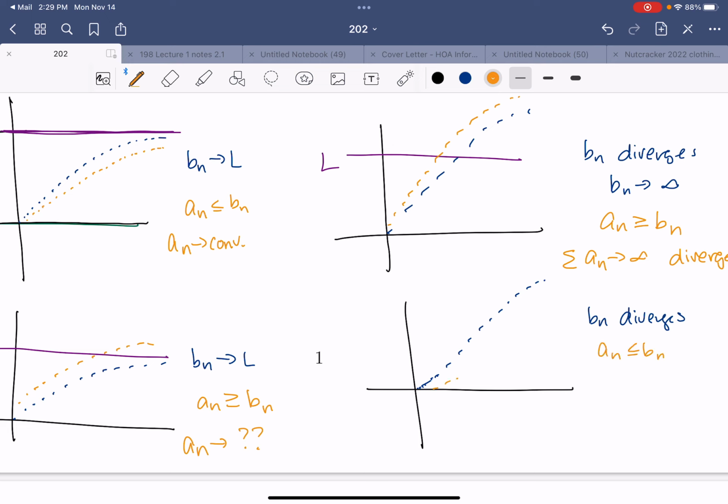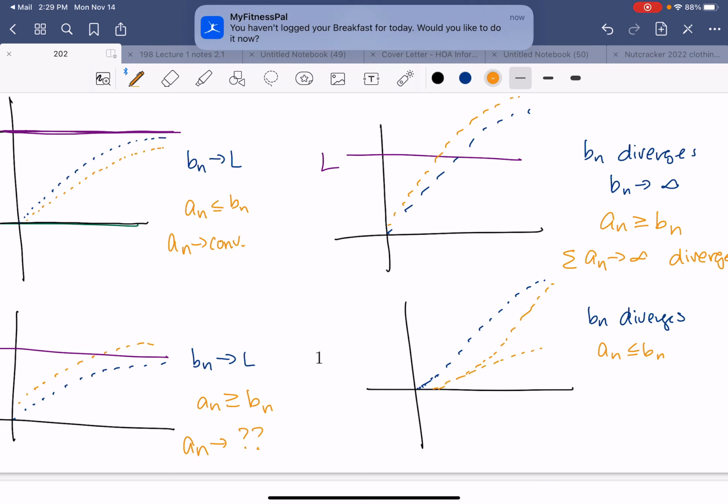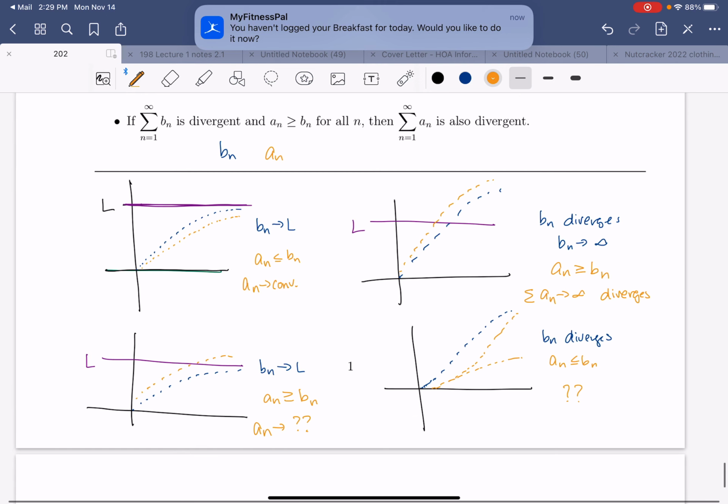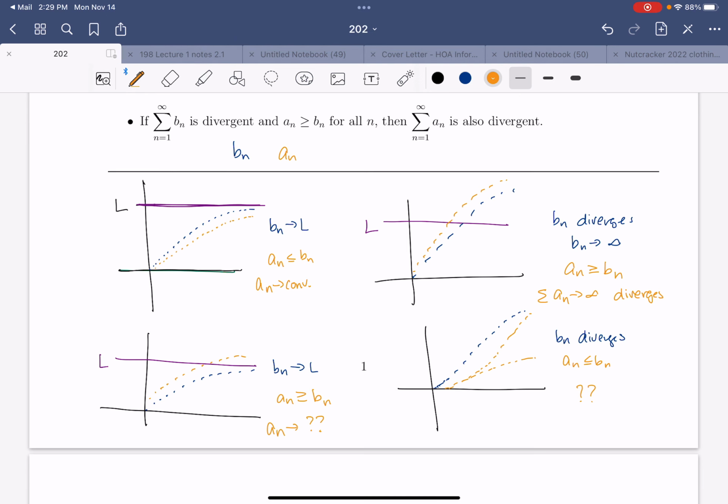So it's somewhere down in here. Does it diverge or does it converge to something in here? We just don't know. So that's why we have to be particular. We have to say, either BN converges and I'm below it, or BN diverges and I'm above it. Otherwise, I can't say anything.